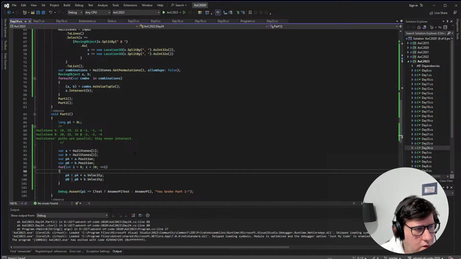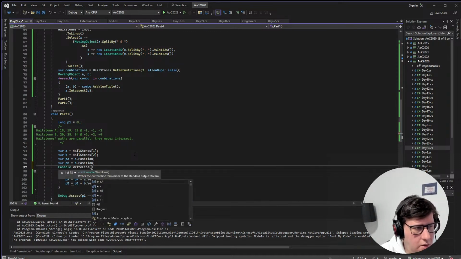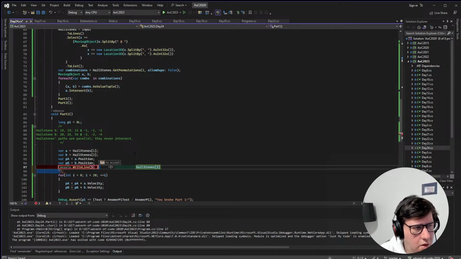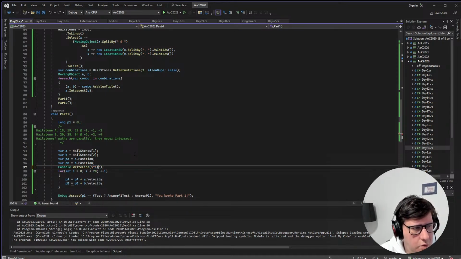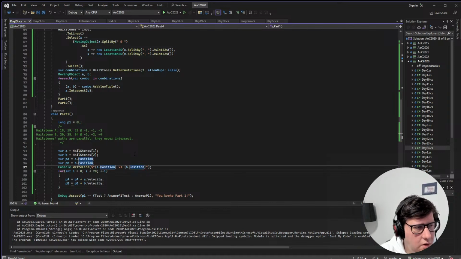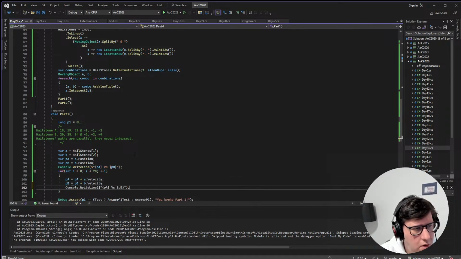So we can do console.writeLine. Come on, one more quote, this, and I can do A.position versus B.position. And I can just do PA in this case, so that it will be a copy-paste job here, PB.